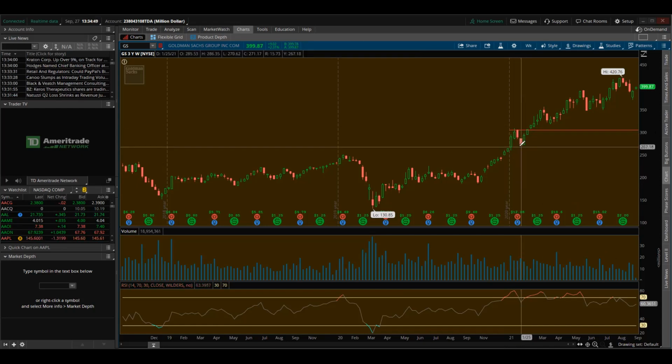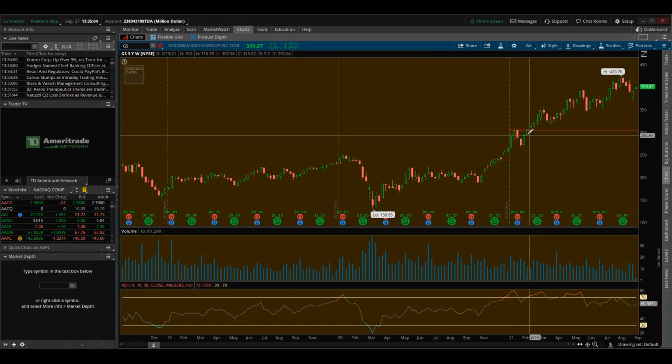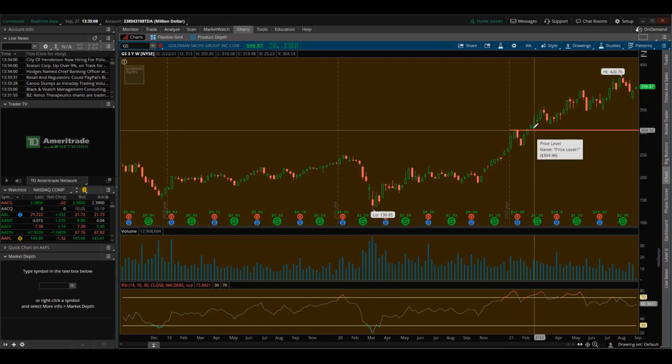So I want to mark that area, because guess what's going to happen to this resistance line once the price breaks and closes above it? It's going to serve as my automatic support. And so I'm going to be looking for this stock to break and close above this line and create some type of pattern to signal a continued up move.